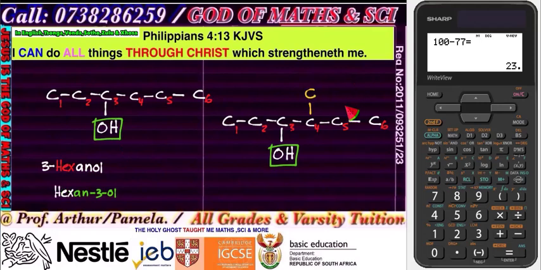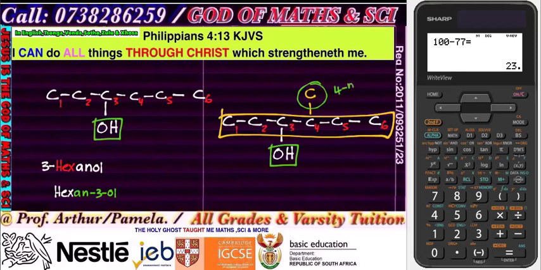All right, the longest chain is still the same. You see that, right? So we've got that one there. But now we've got a branch. That branch is in location number 4. 4-methyl. There we go.